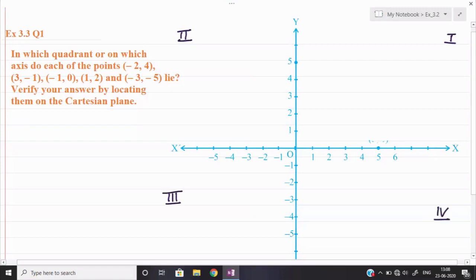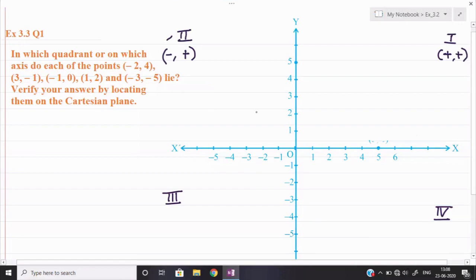Now see, as I told you earlier, in the first quadrant, both the coordinates will be positive, plus comma plus, because the x coordinate is positive here and the y coordinate is also positive. In the second quadrant, remember, the x coordinate is negative and the y coordinate is positive.